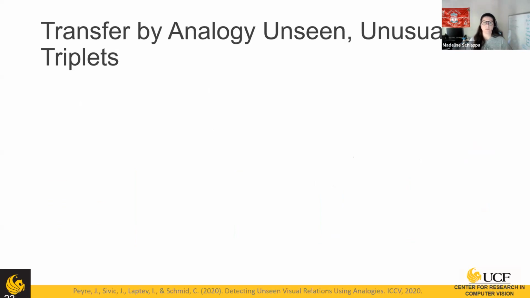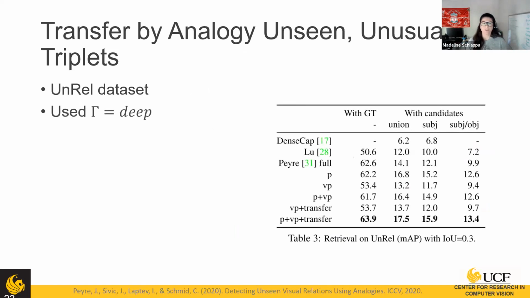Next, they want to evaluate their performance using the same approach, but on unseen unusual triplets. They're evaluating on the Unreal data set, which had very rare, unusual, not necessarily human triplets. They use the 2-layer perceptron as their transformation function.